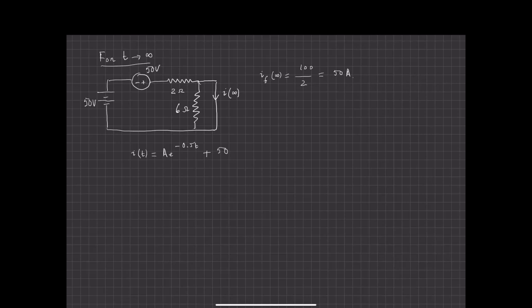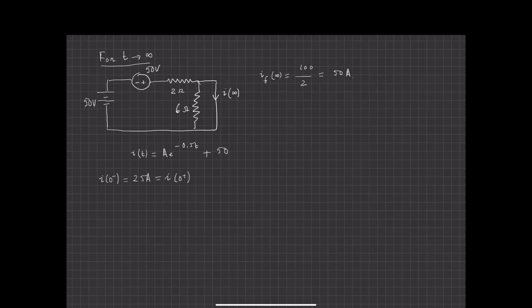The only thing remaining now is the determination of the constant A. And now I know the following. I know that I have determined the current I at 0 minus to be equal to 25 amps on the previous page. But this is a current through the inductor. So the current at 0 minus must equal the current at 0 plus.